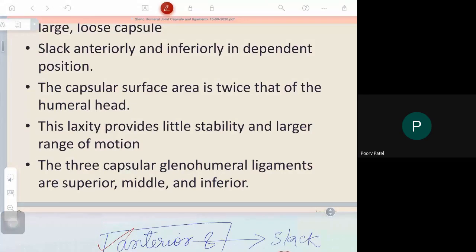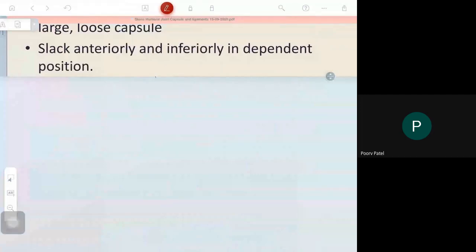In the resting position or the neutral position or the loose pack position of the shoulder joint, the distraction will be maximum 2.5 centimeters. Imagine this is the glenoid cavity and this is the humerus.